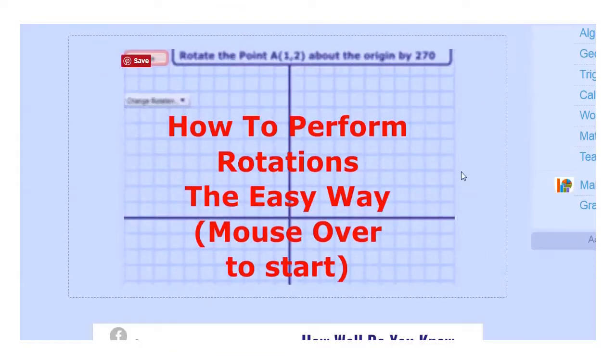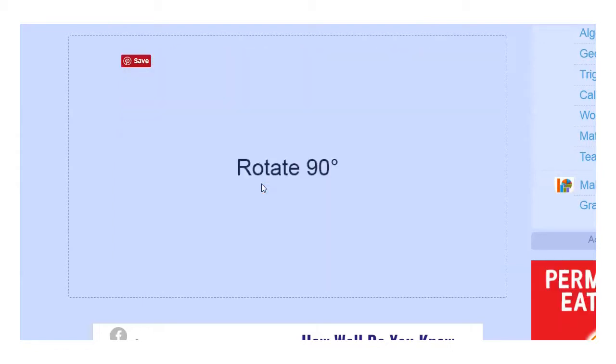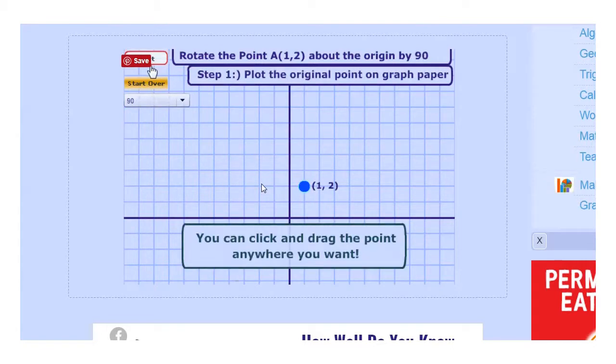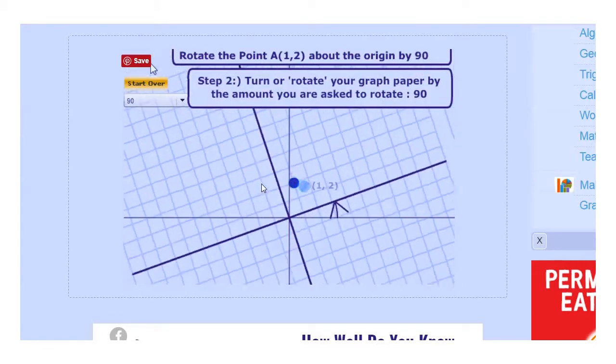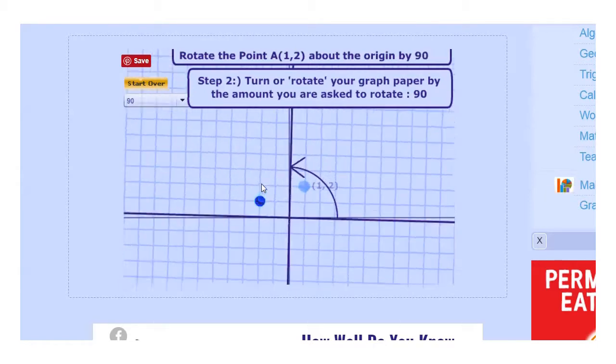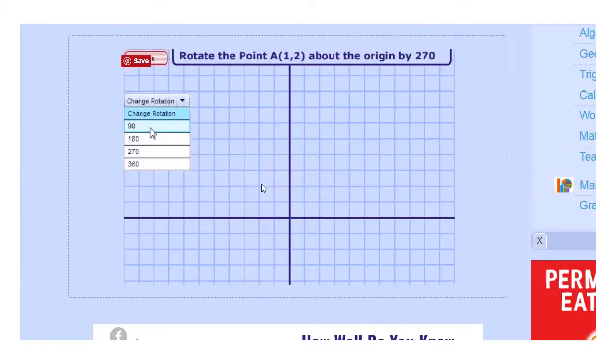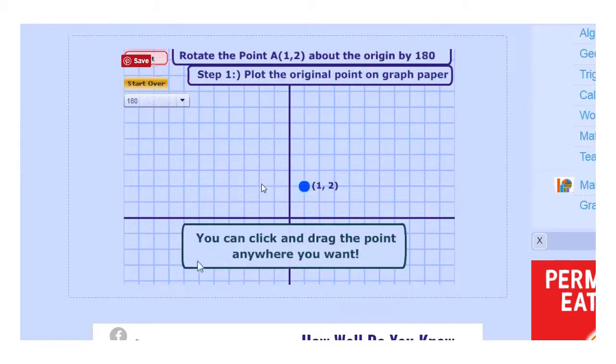So when you talk about rotations, did you notice that it said it has to be 90 degrees? So rotation always has the direction that you're rotating something and the number of degrees.